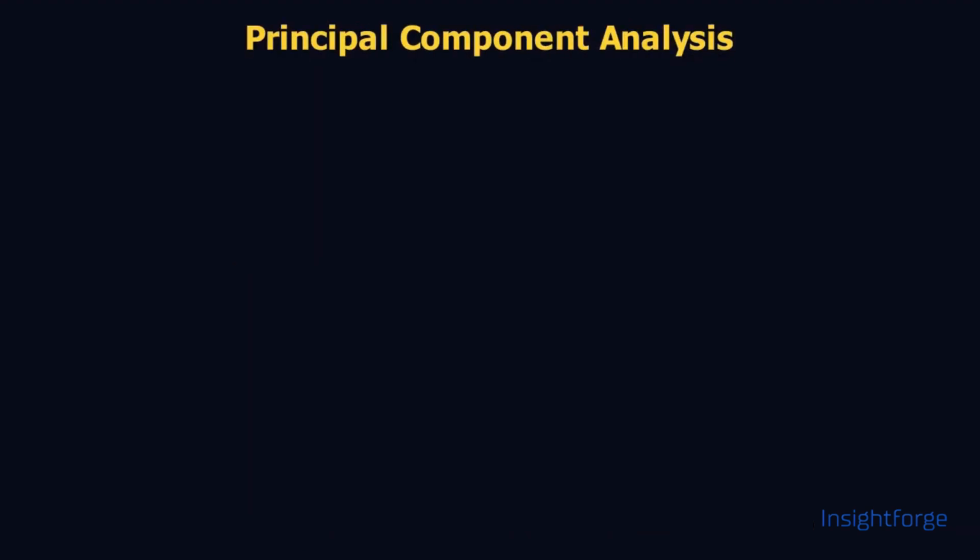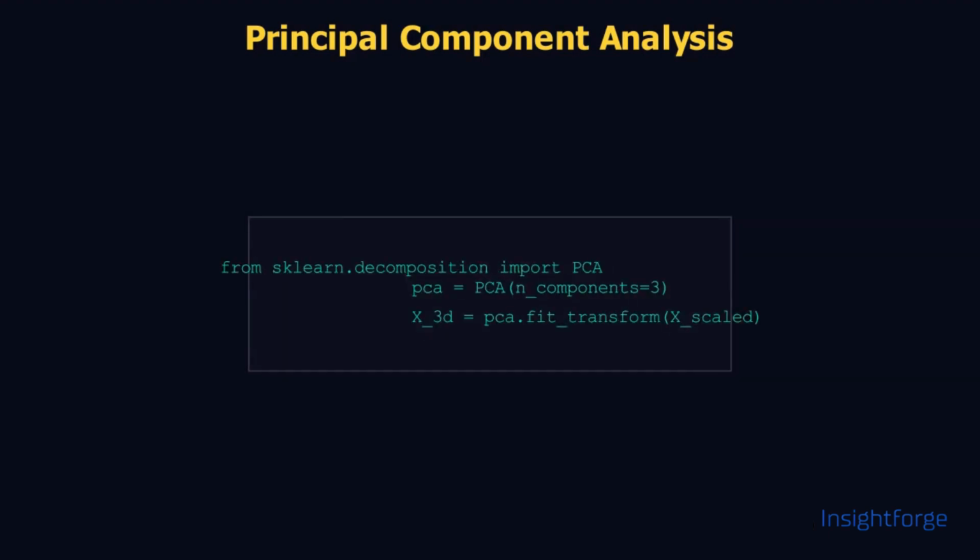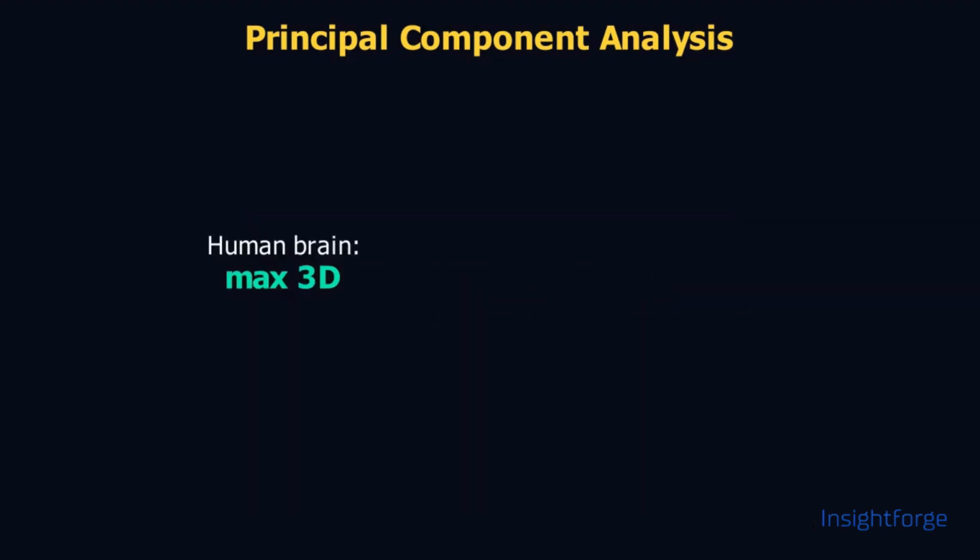With our scaled data ready, we can now code the 3-dimensional projection. We import PCA from Scikit-Learn and initialize it by setting the number of components to exactly 3. Why 3? Because 3 is the maximum number of dimensions our human brains can physically visualize in a chart.